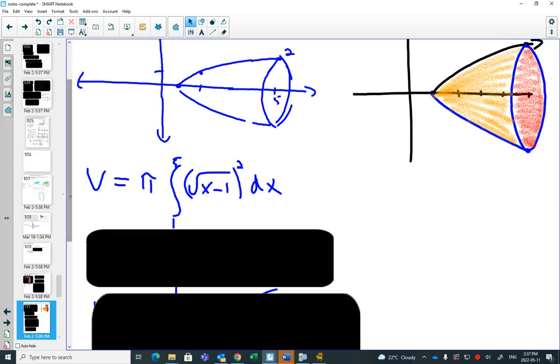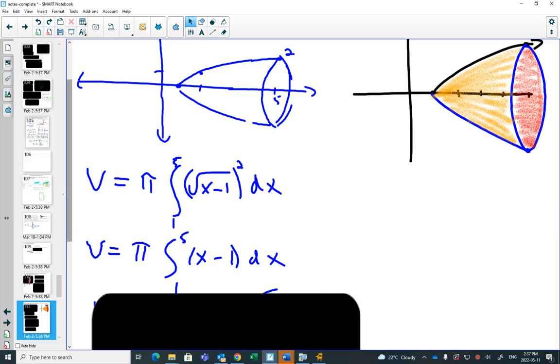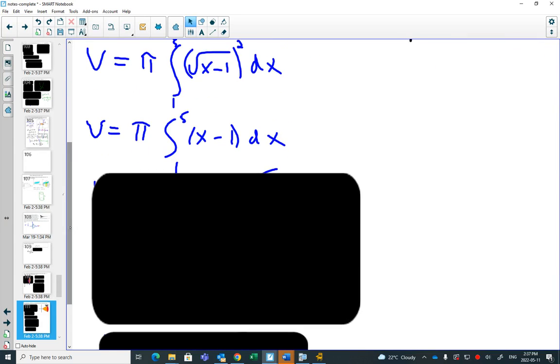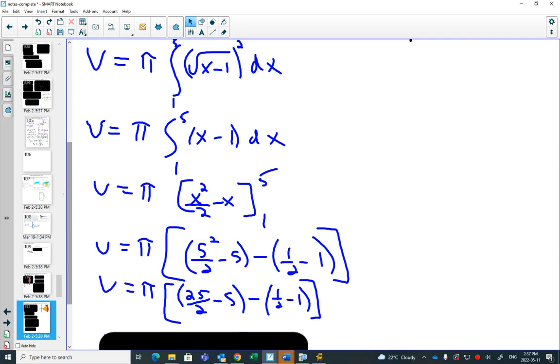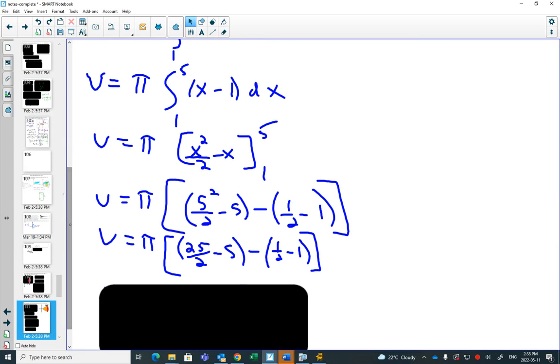What's really nice about this equation is once you square the square root, again, you have a really easy integral to find. So the integral of x is just x squared over 2.